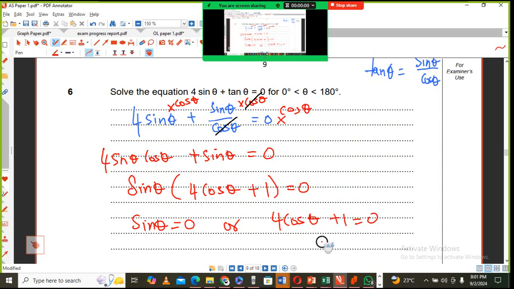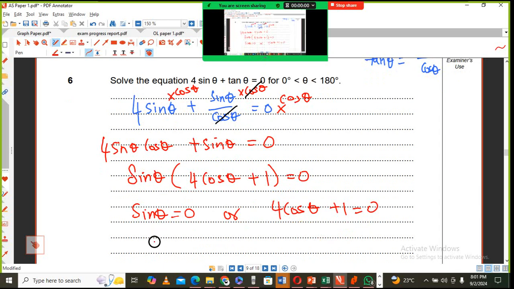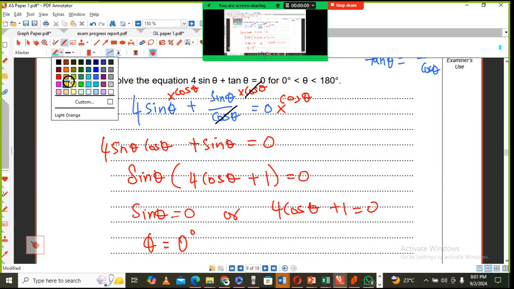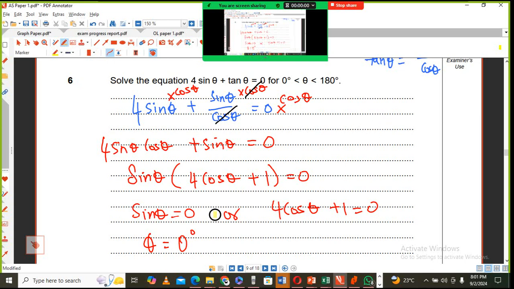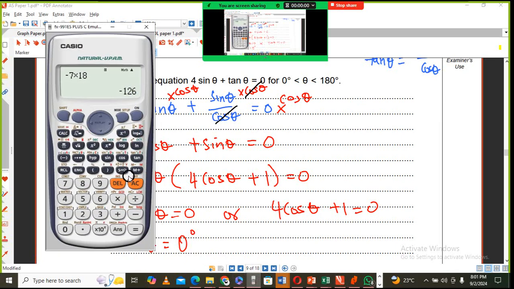Now this one here, we are not going to consider, because sine theta equals 0 is going to give you an angle of 0 degrees, right? Can someone tell me why we are not going to consider that answer? What's the angle? The angle cannot be 0. Exactly.